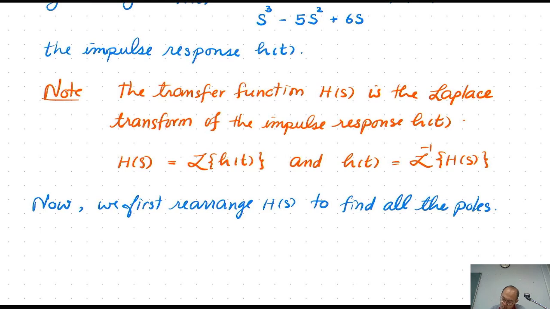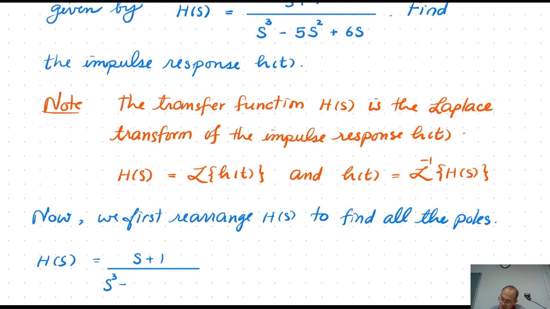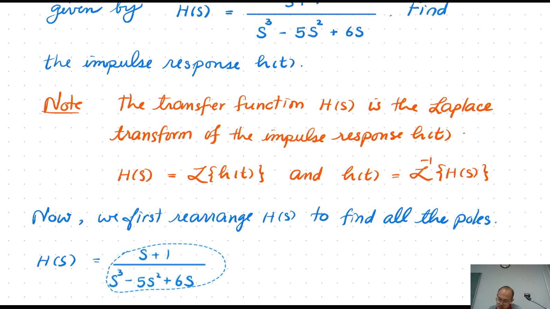So, we have H(s), which is s plus 1 over s cubed minus 5s squared plus 6s, right? This is given from the problem. And then we decompose the denominator into the product form. We're going to have s times (s minus 2) times (s minus 3).